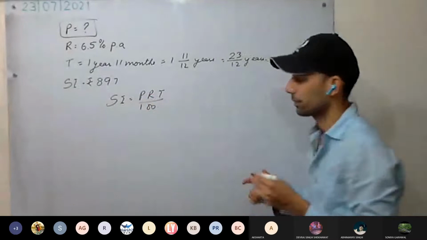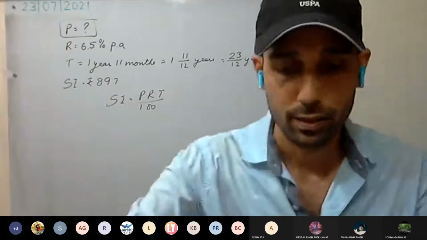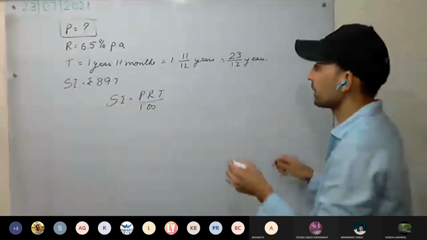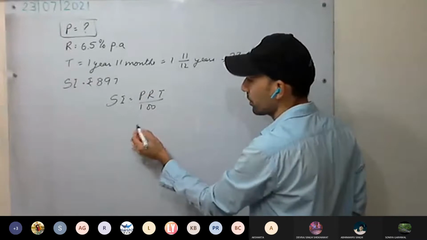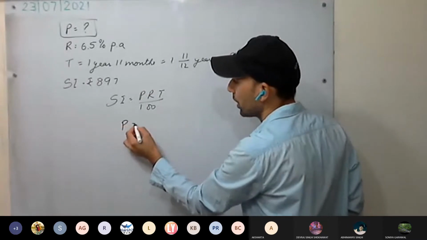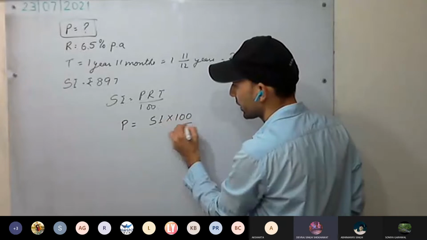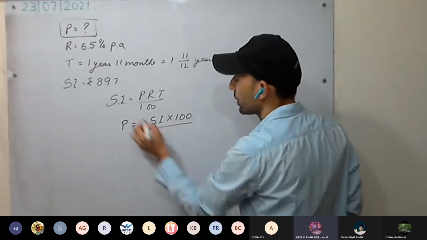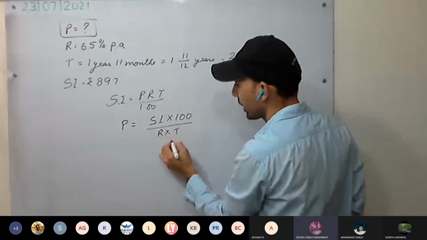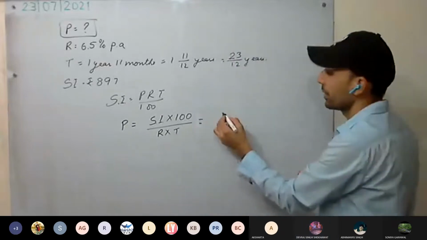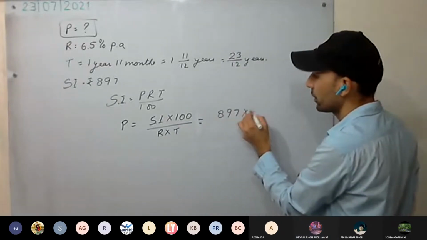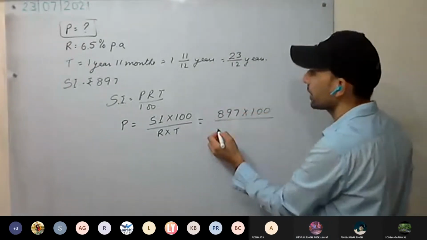Put the values and calculate P. So principal equals SI into 100 upon R into time. This is 897 into 100 divided by R.